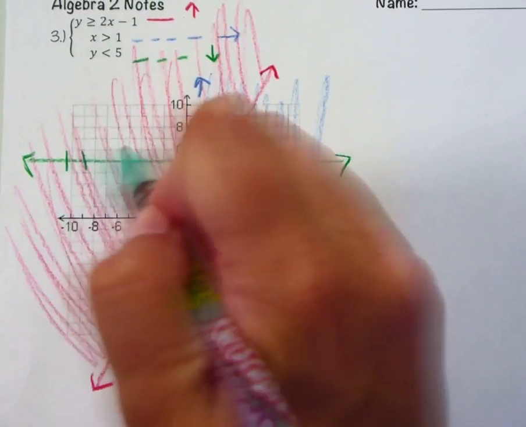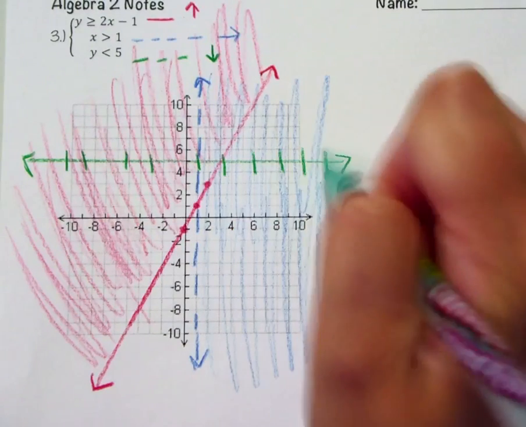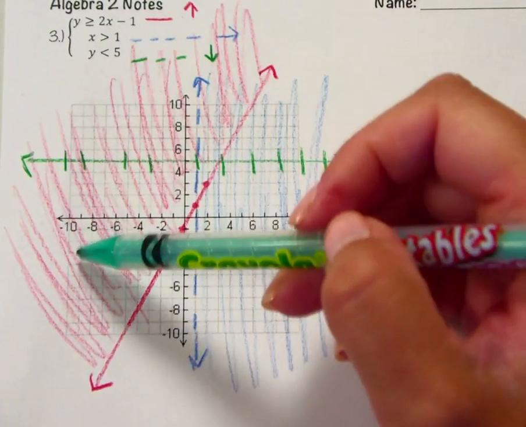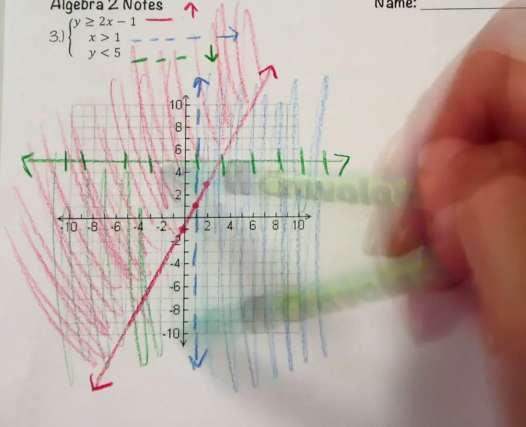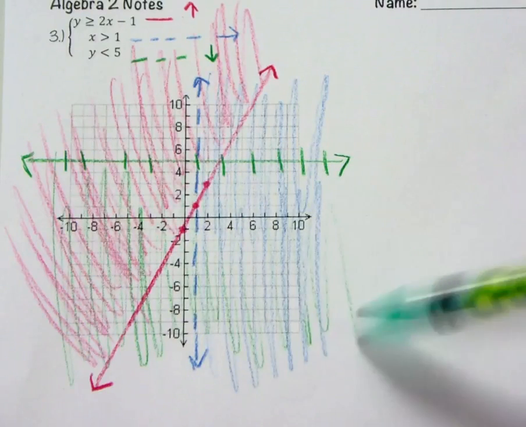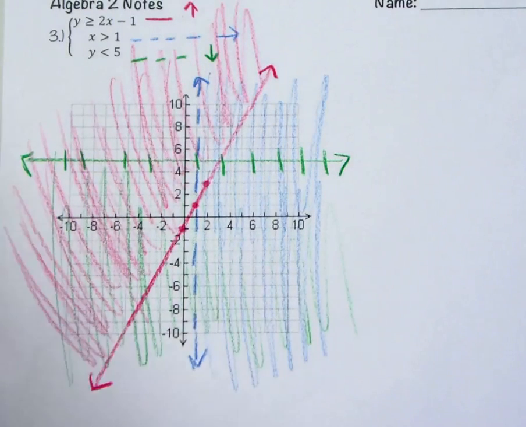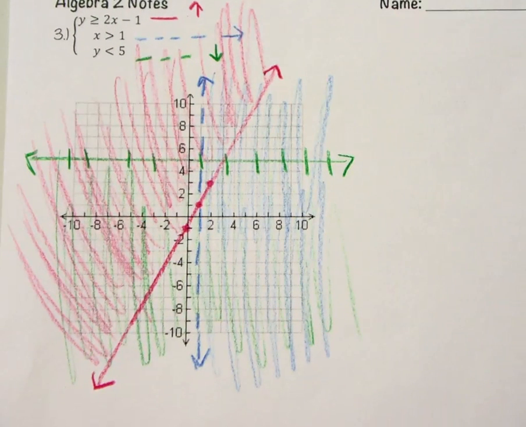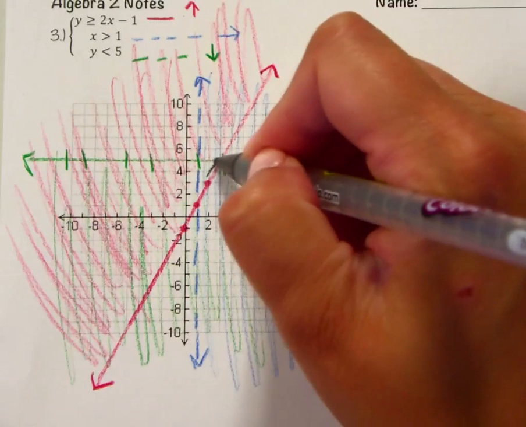See, there I go. I mess up too. Just put those hash marks in. And then we're shading below. Travis, what's our final solution set? Do you know? The triangle. It is. It is that little triangle guy.